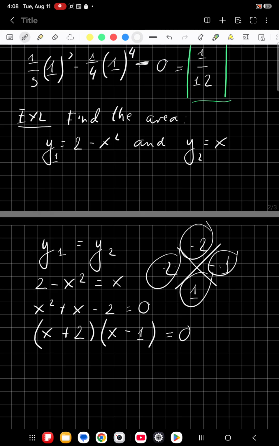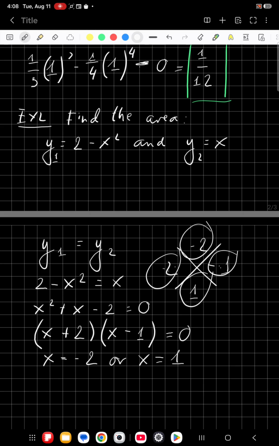Anyway, so now we need to solve it for x. You're looking for two x's that would make this whole expression equal to 0. So the first one would be negative 2. The second one would be 1. Okay, so we have the x's. Now we need to find the y's.